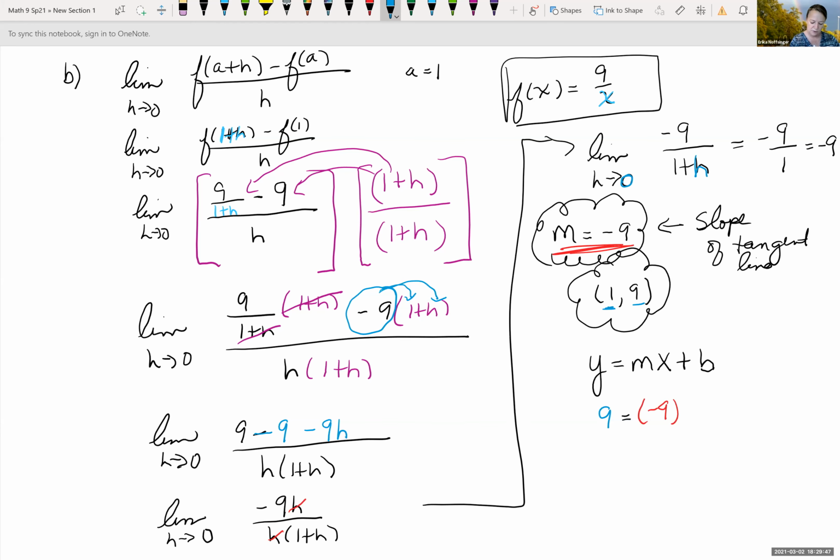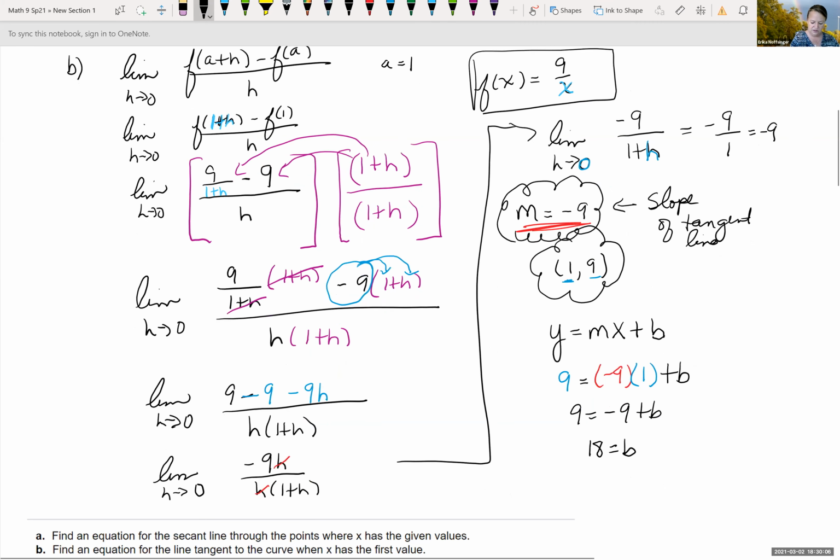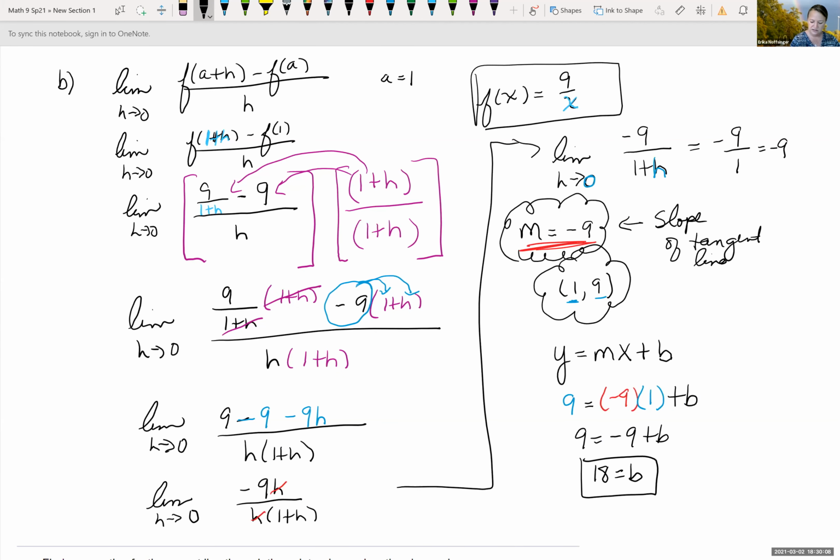So x when y was 9 is 1, plus b. So I have 9 equals -9 plus b. Let's add 9 to both sides. And this is b is equal to 18. So now because I have b, and I had the slope of the tangent line, we have the equation of the tangent line. y is equal to our slope, -9 times x plus b, so plus 18.